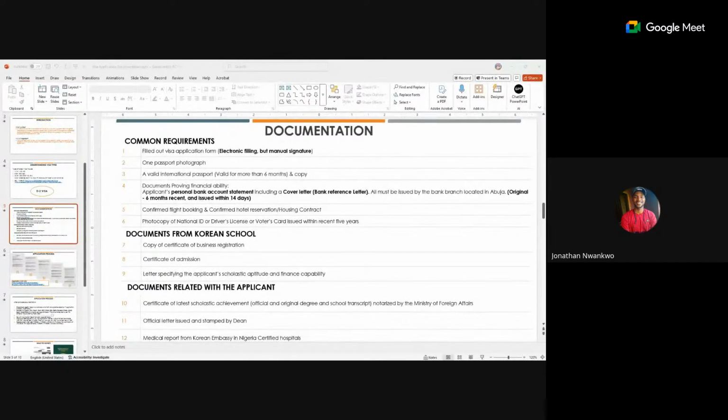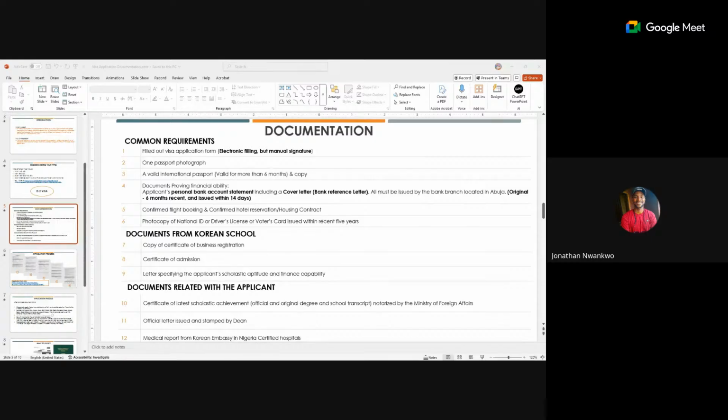You provide one passport photograph. It's usually in white background. One passport photograph in white background. Your valid international passport and a copy of it. Then a document that proves your financial ability.